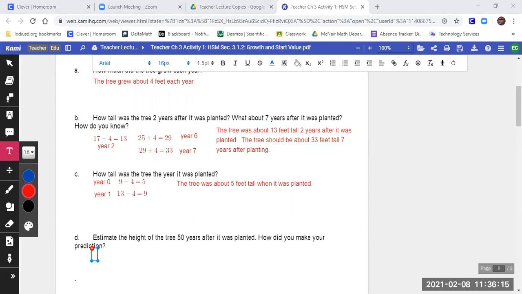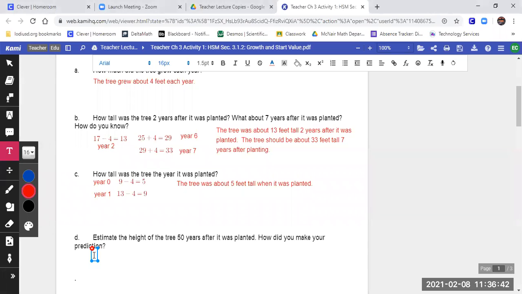About how tall are we going to say it is? Someone give me an estimate. What are we thinking? About 200 feet? Okay. Yeah, because 50 feet, about 4 a year. Okay.